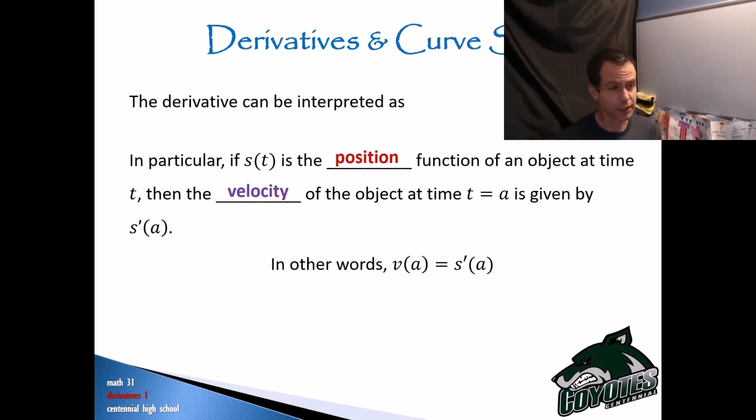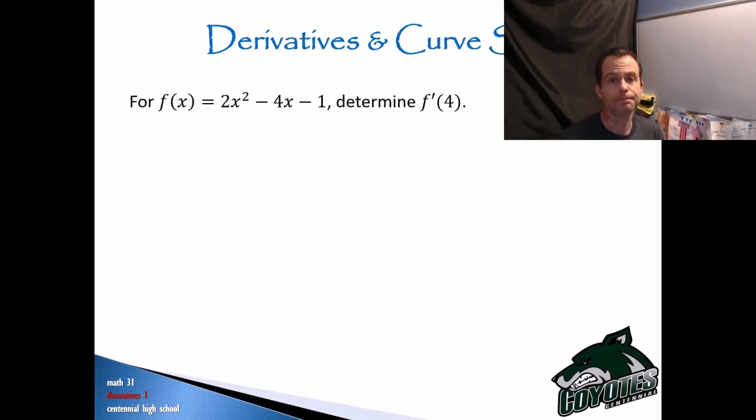So essentially, the big message here is the velocity of an object is the derivative of its position function, okay? So in other words, v of a will equal s prime at a, okay?